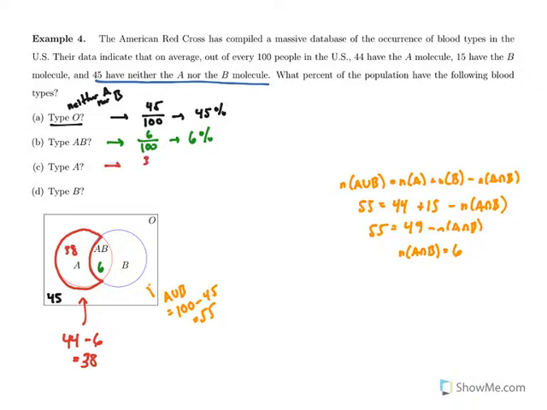This will give us 38 out of 100, or 38%. And finally, type B, similar kind of thing. That's going to be 15 minus 6, or 9%.